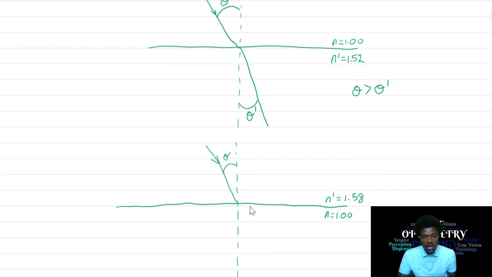However, this time it is going to speed up and refract away from the normal, forming an angle again, theta prime. However, this time theta prime, which is the refracted angle, or the angle of refraction, is actually going to be more than theta, or the angle of incidence in this scenario, because now we are going from a more dense material or medium to a less dense one.